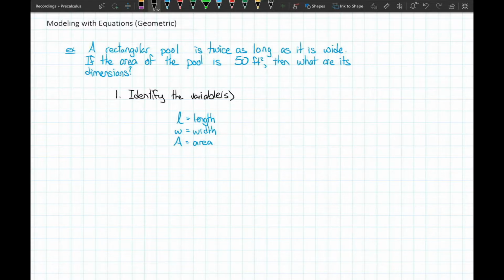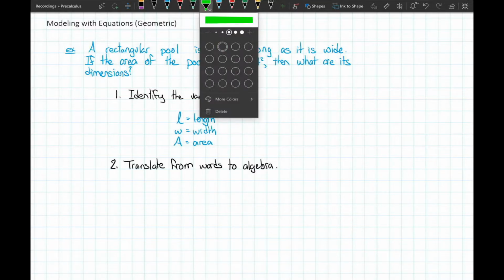Step two, let's see if we can take some of these sentences, especially the complete sentences that have some sort of verb like is or are, or any of those definitive verbs that say we can probably use an equal sign, and turn those into equations. Here I've got a sentence that says a rectangular pool is twice as long as it is wide.